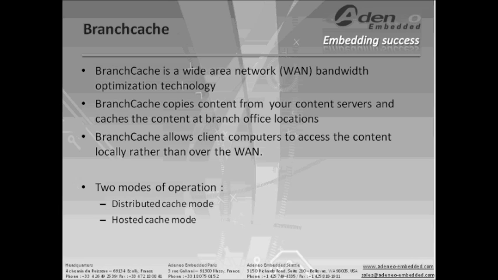So what is it doing? It downloads files, apps, or other content from your headquarters and stores this content in your branch office. So your client computers can then access this content locally rather than repeatedly downloading it across the wide area network.